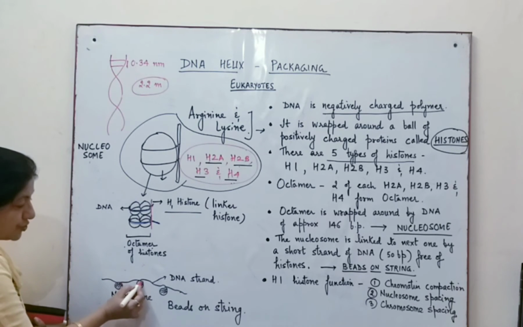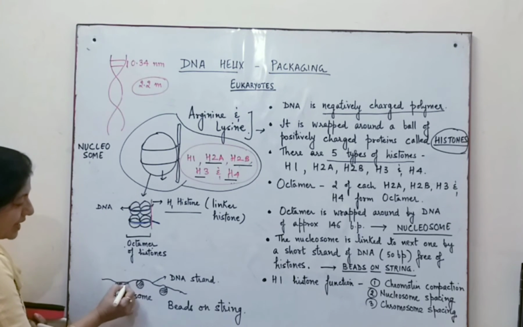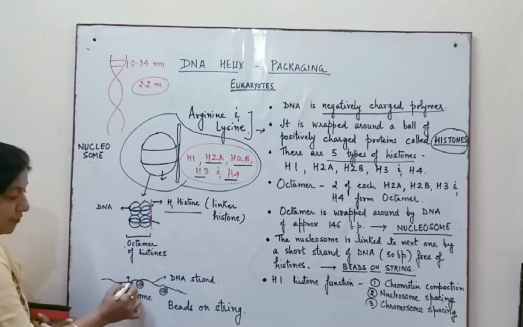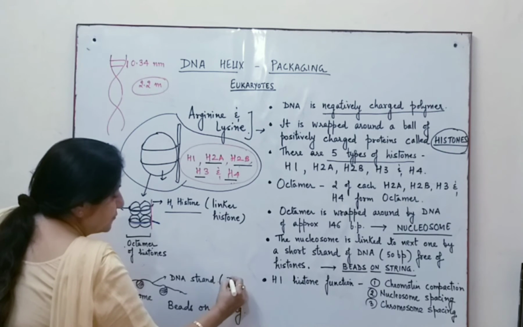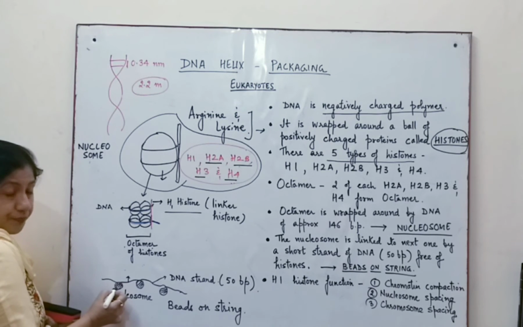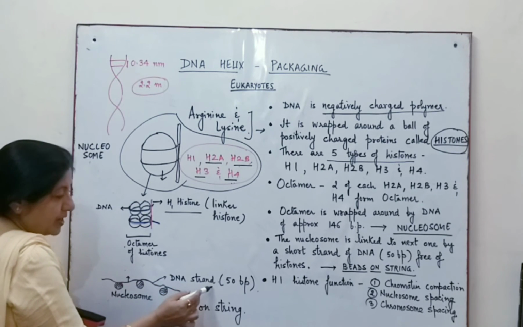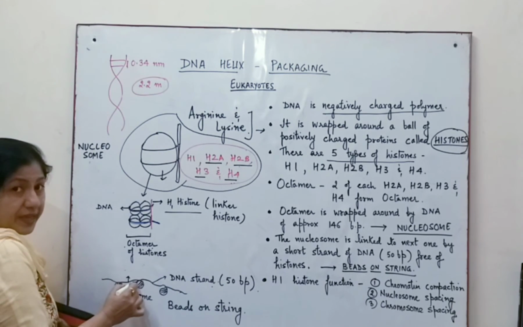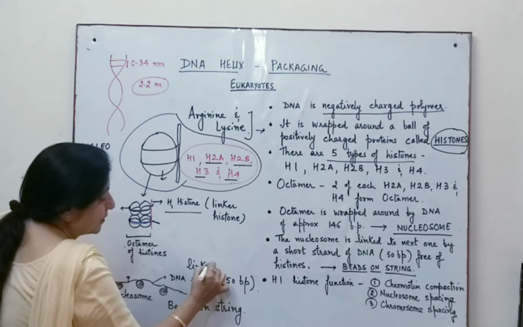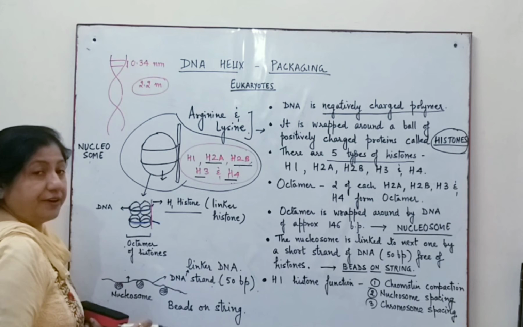It is linked to the next one by this black line over here, which is a DNA strand of approximately 50 base pairs. So one nucleosome and the other nucleosome are connected by a DNA strand of 50 base pairs, and it is also called linker DNA.